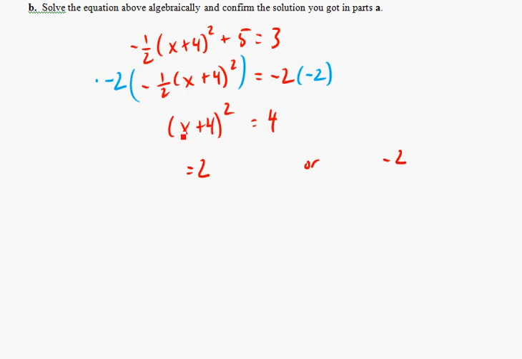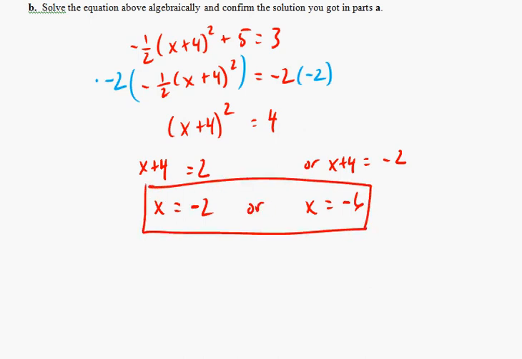But in this case, it's not that x equals 2 or x equals negative 2, but rather x plus 4 equals 2 or x plus 4 equals negative 2, because this whole quantity must be 2 or negative 2, because 2 squared equals 4 and negative 2 squared equals 4. And if x plus 4 equals 2, that means x equals negative 2. And if x plus 4 equals negative 2, then x equals negative 6.